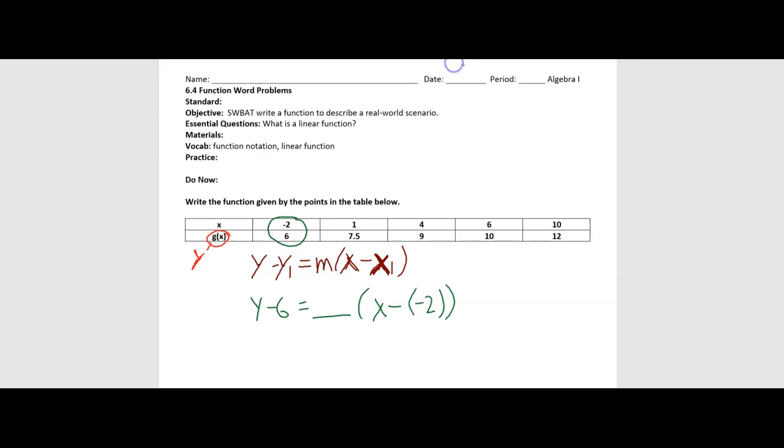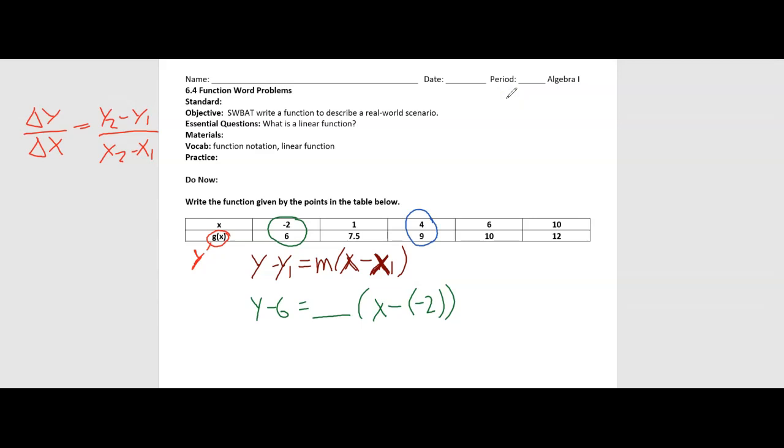To find my slope, we know that we'll use the slope formula. Change in y over change in x is equal to y2 minus y1 all over x2 minus x1, which means I need to pick another point from the table. Let's go with 4, 9.